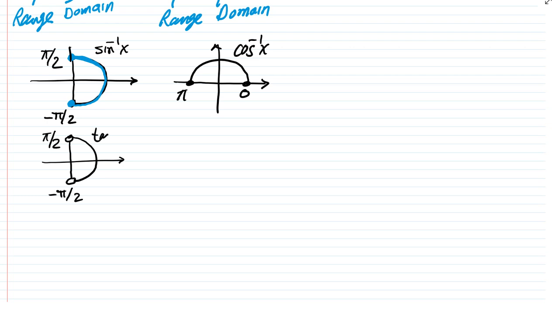So the range of arctan or tan inverse is almost the same as the range of the arcsine or inverse sine, with the exception that the endpoints are not included because, again, tangent of pi over 2 and negative pi over 2 are undefined. Those are the asymptotes of the graph of the function. And there we have it.